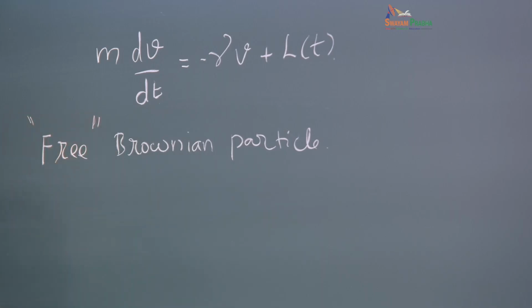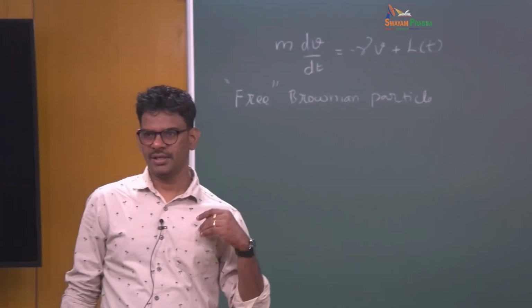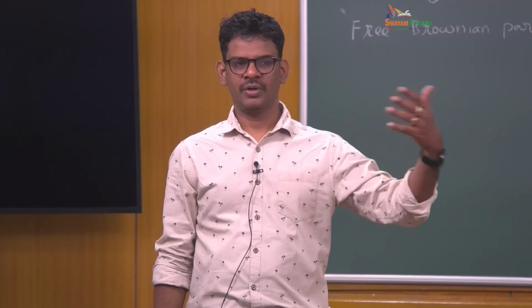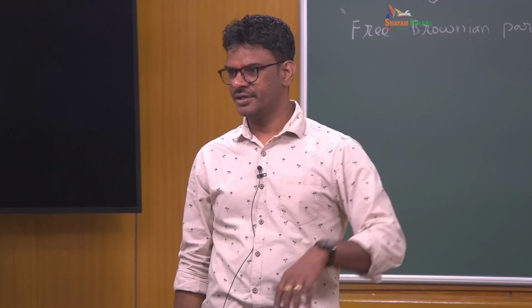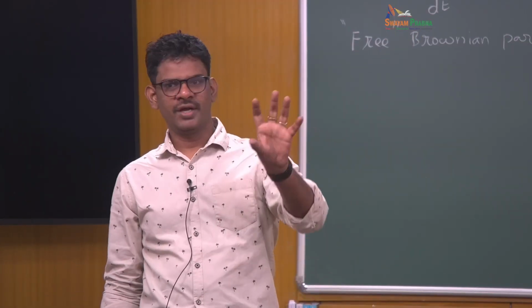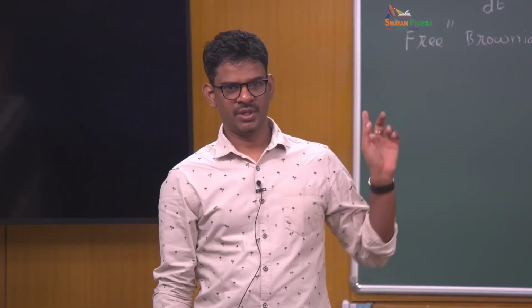I say free Brownian particle because there is no other interactions with this particle, okay. There is no wall confining it, there is no external field affecting it, or there is no other neighboring particle affecting its motion. So we are thinking about a very dilute condition where we are looking at only one single particle and its dynamics, and that is governed by this equation.